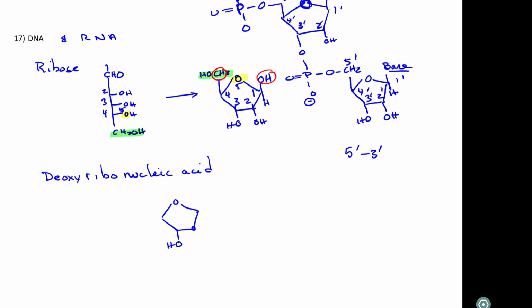So where it differs is it differs at this point here from this point here. So that's, besides one of the bases being different, at carbon number 2, the oxygen is missing in DNA.